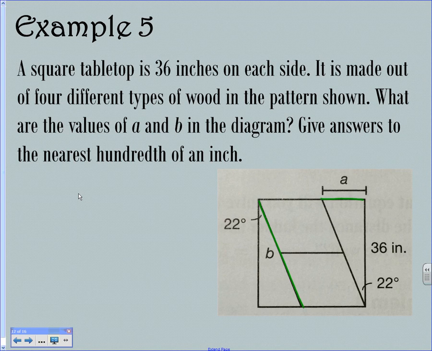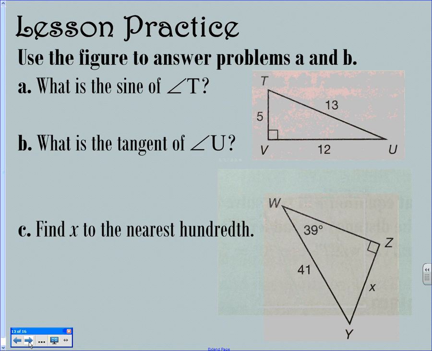All right, so what do you get for your A value? 14.54. And for your B value? 38.83. Any questions there?